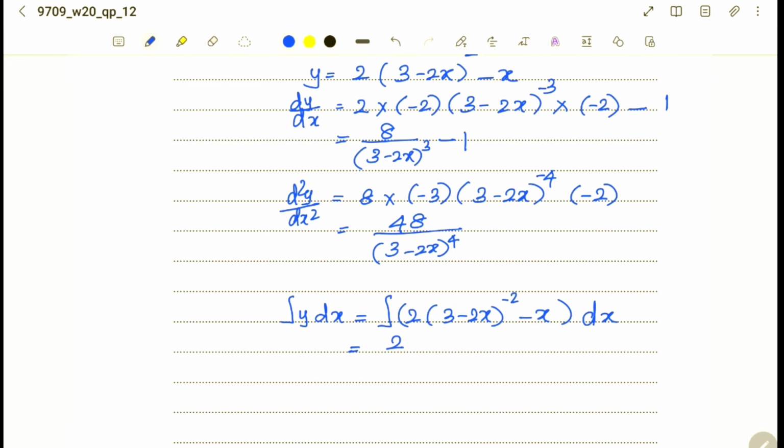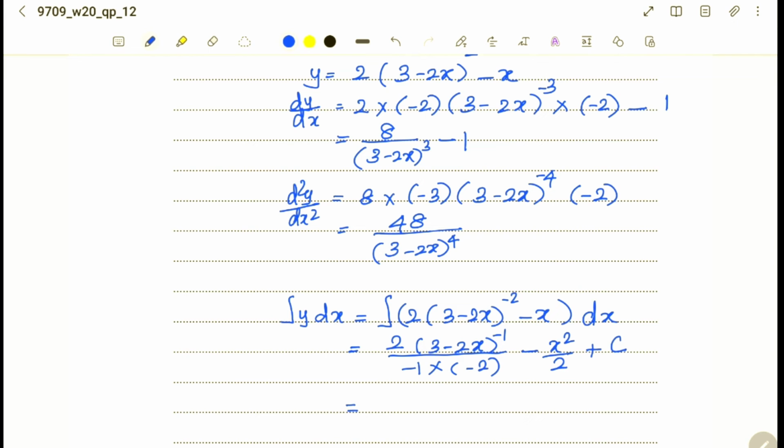So 2 multiplied by 3 minus 2x, the power minus 2 plus 1 is minus 1, divided by minus 1, the coefficient of x is negative 2, minus x square divided by 2 plus c.